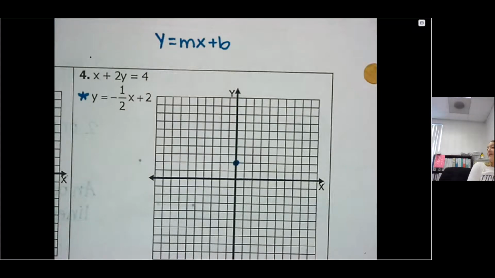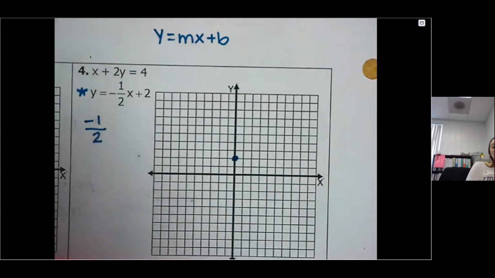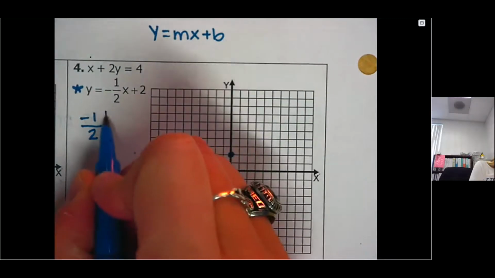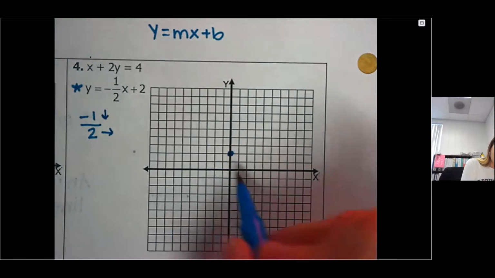So negative 1/2 means, essentially, it's -1 over 2. So -1 means you would go down 1 and then to the right 2. Graph that. Down 1, right 2, and then just keep going.